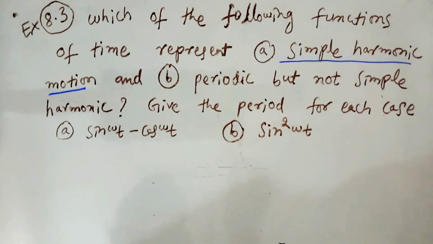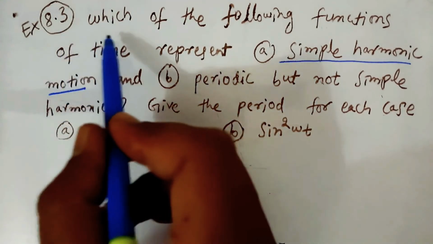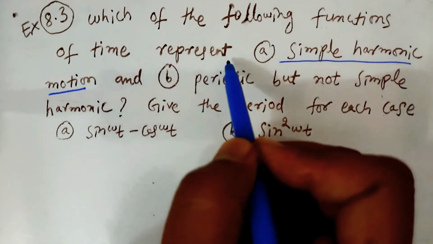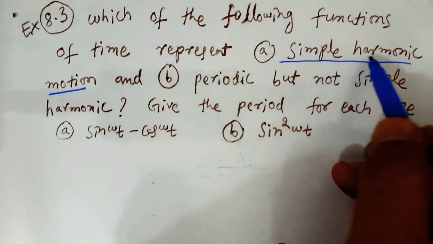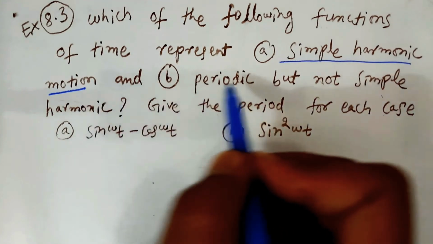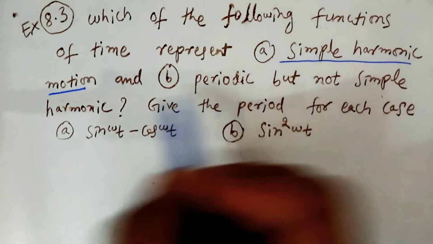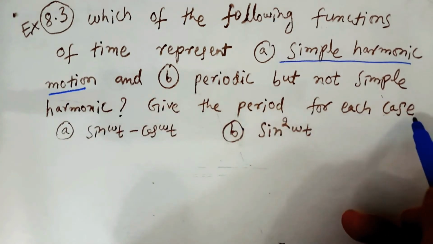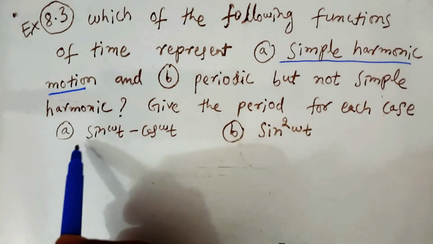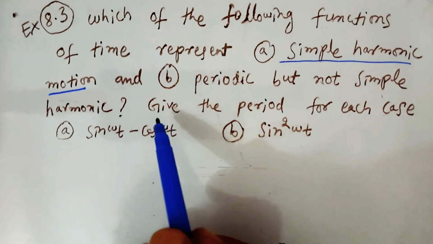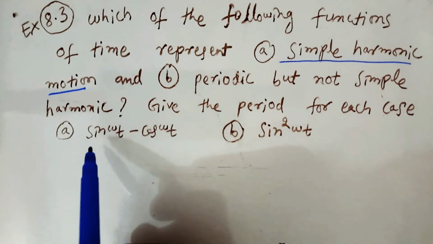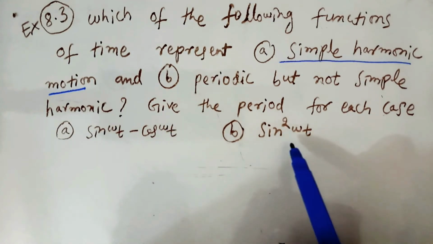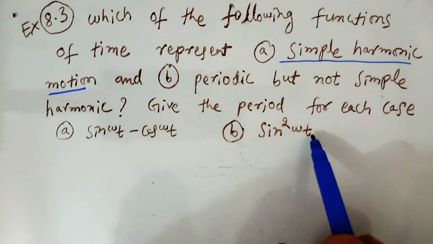Example problem 8.3. Which of the following functions of time represent simple harmonic motion, and periodic but not simple harmonic? Give the period for each case. So here some functions are given: sin omega t minus cos omega t, and sin square omega t.